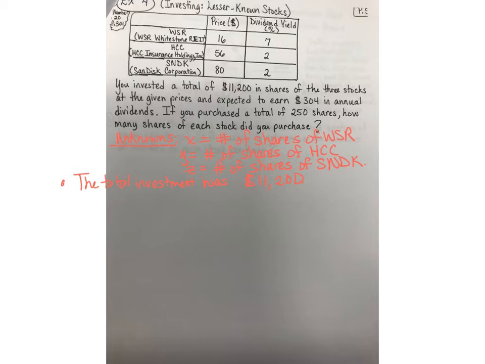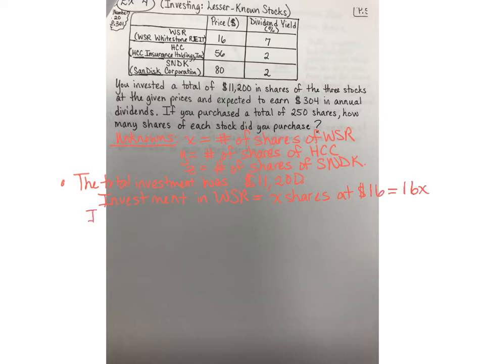So remember, X is the number of shares of WSR. So when we talk about the investment in WSR, that's going to equal X shares. And if we look back at our table, we're going to see the price was $16. So at $16, which means that's going to be 16x.